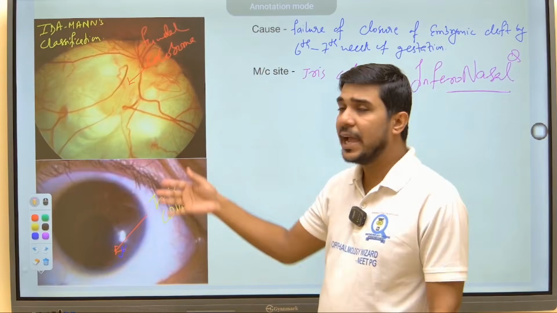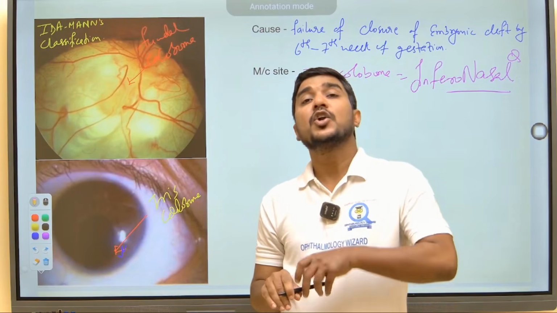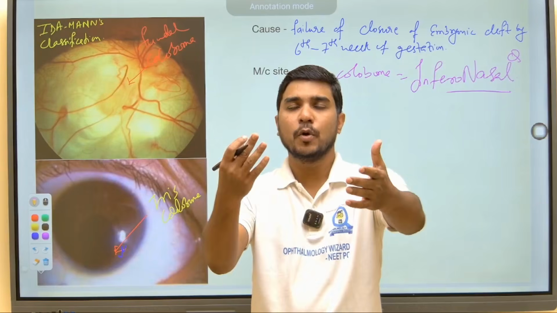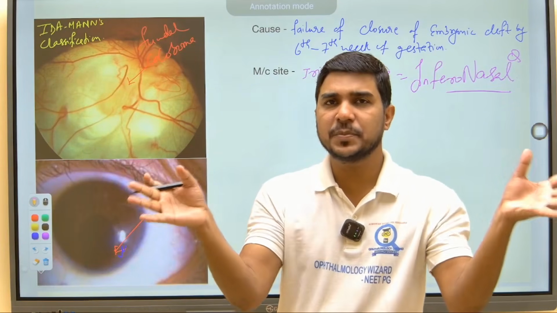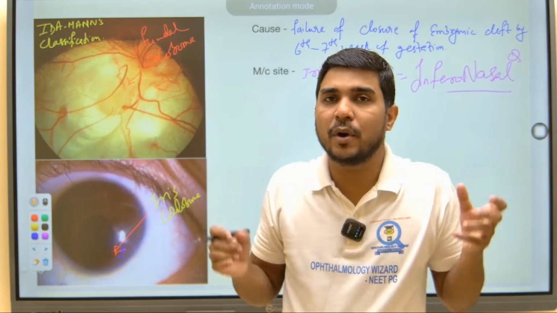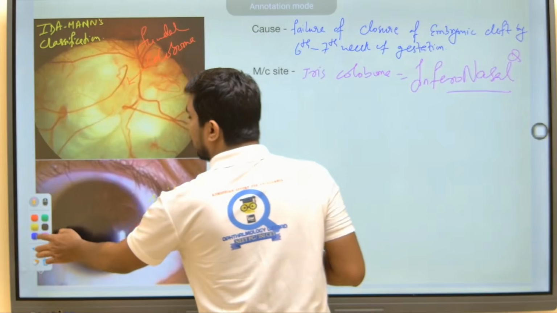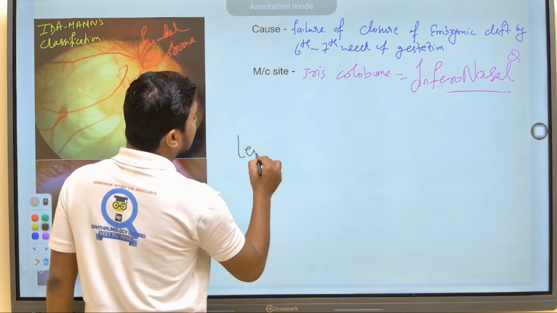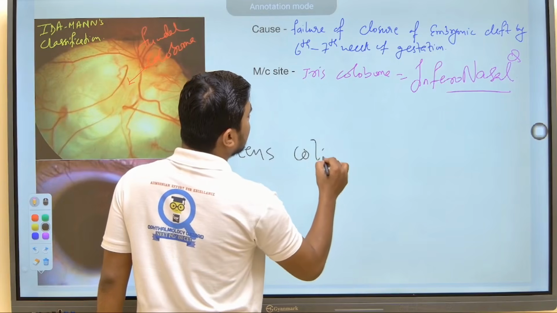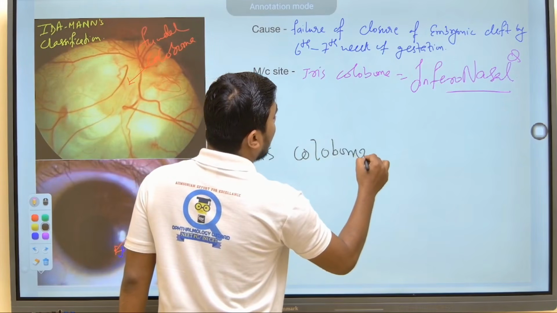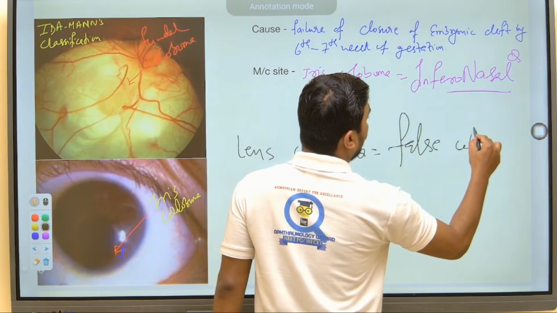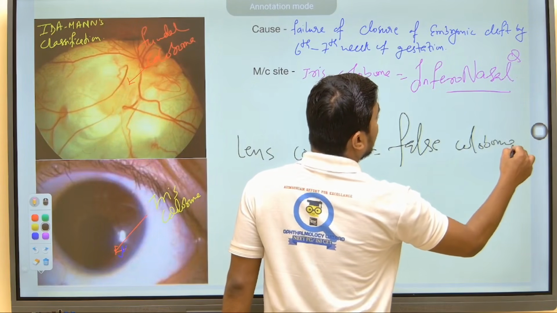One more important thing, whatever I have discussed till now is true coloboma. If I am saying true coloboma, that means there must be something called false coloboma. And what is that coloboma? Yes, the lens coloboma. Lens coloboma is a false coloboma. It is not a true coloboma.